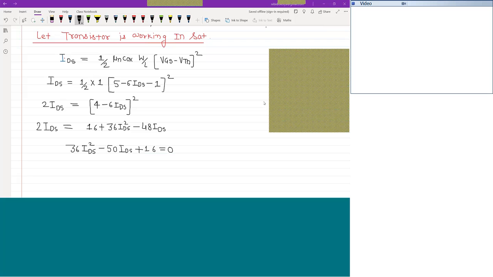Now I can solve this. The value of current comes out when I solve the quadratic equation.